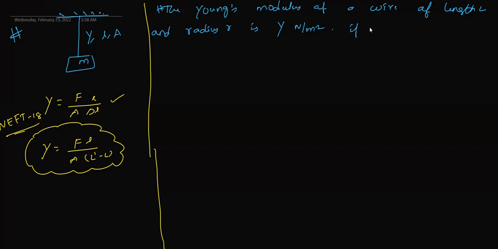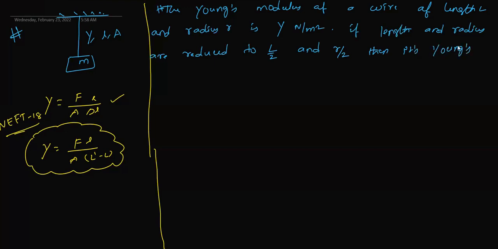If length and radius are reduced to L by 2 and R by 2, then its Young's modulus will be what? Options they given: option A Y by 2, option B Y, option C 2Y, option D 4Y.